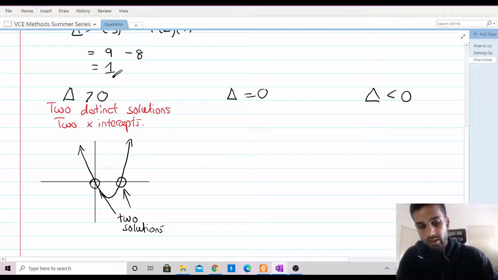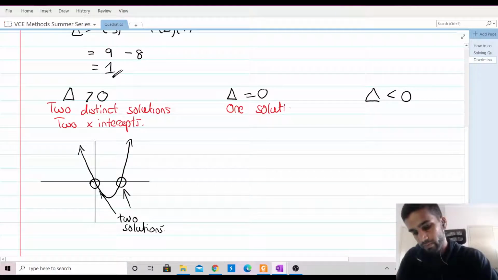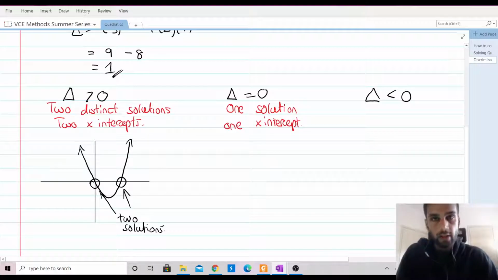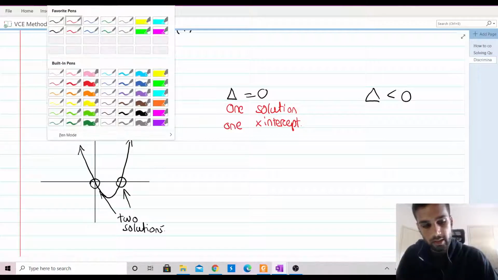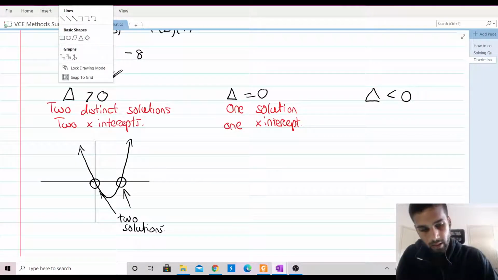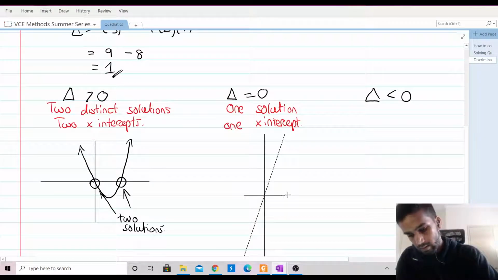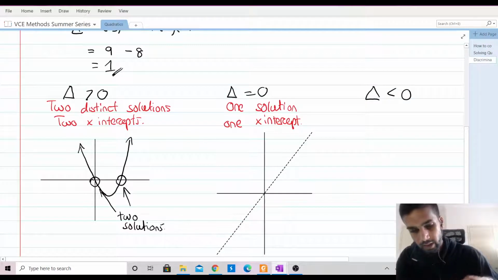If the discriminant is equal to 0, that means there is 1 solution, or 1 x-intercept. Now you might think, how does a quadratic have 1 solution? It occurs like this.